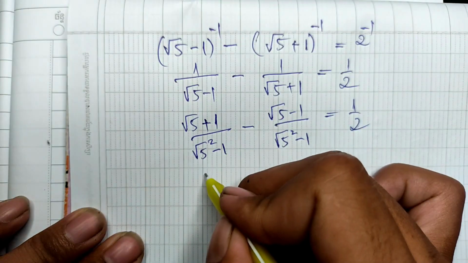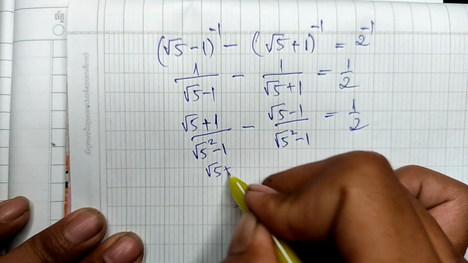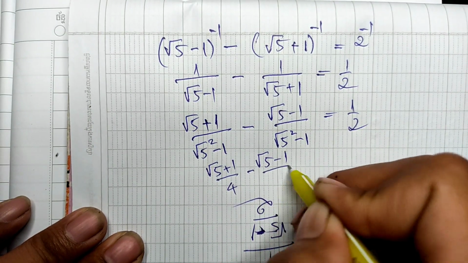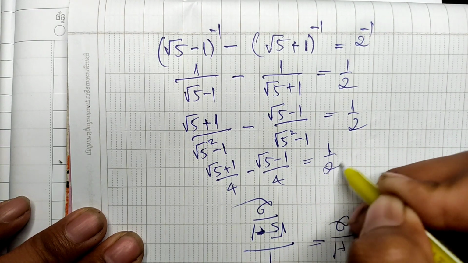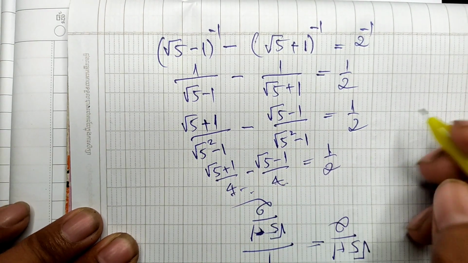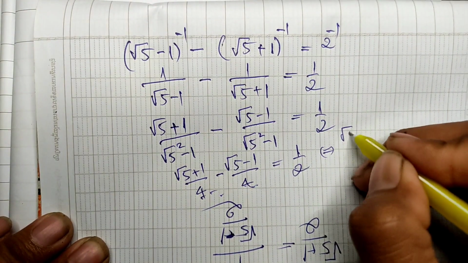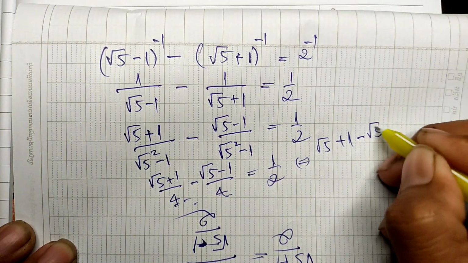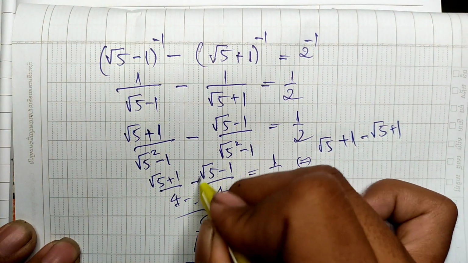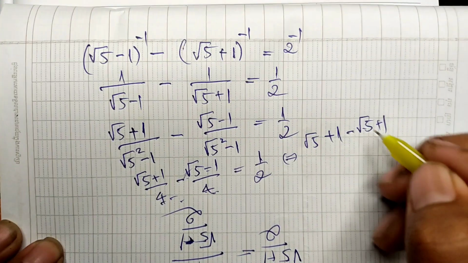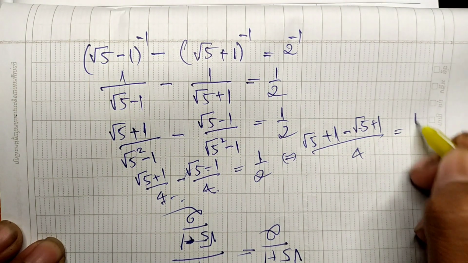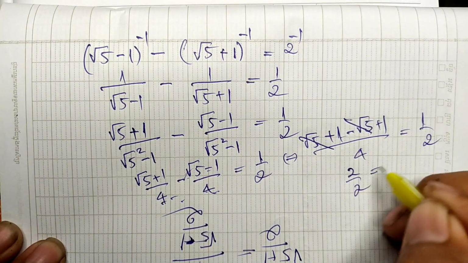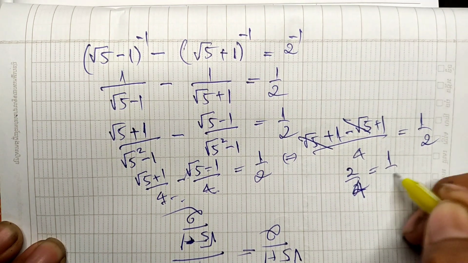Now this equals (√5 + 1)/4 − (√5 − 1)/4 equal to 1/2. With 4 and 4 we get (√5 + 1 − √5 + 1)/4, which gives 2/4, equal to 1/2.